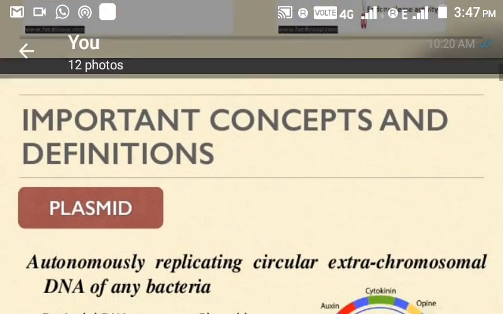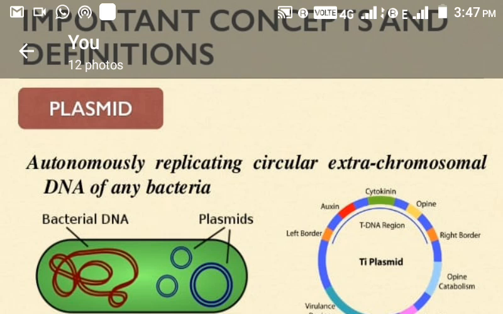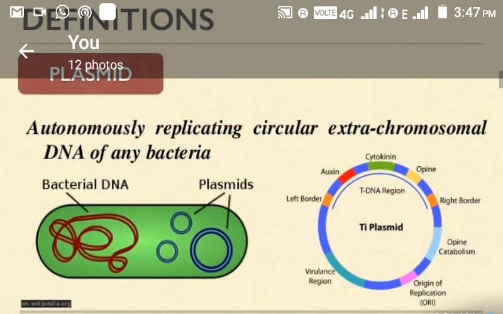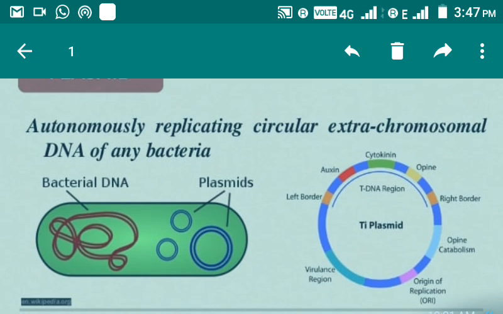Next one is plasmid. This plasmid is another very crucial and important tool in the field of biotechnology. They are autonomously replicating circular extrachromosomal DNA of bacteria. Again, this is from bacteria.